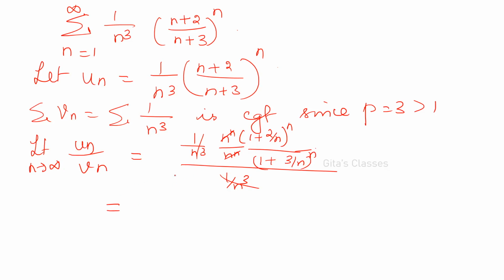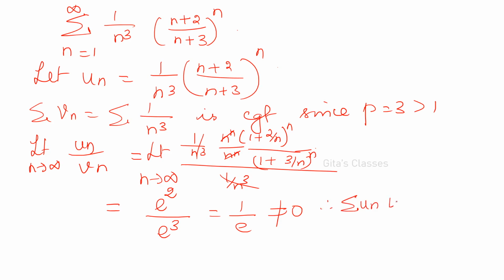Now the limit of 1 plus 2 by n the whole power n as n tends to infinity is e squared. I have given you the values, so please remember that also. So the limit is e squared by e cubed, which is equal to 1 by e. 1 by e is a non-zero value, and therefore what is sigma vn? It is convergent. Therefore what can you say about sigma un? It is also convergent. Whatever you assume from the given question as sigma vn, sigma un will have the same nature.